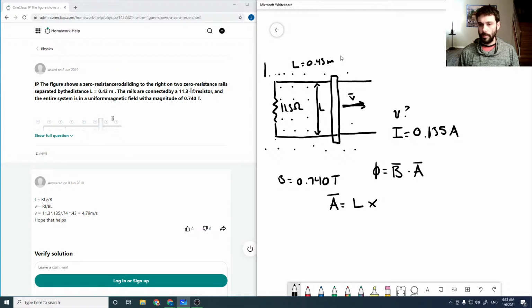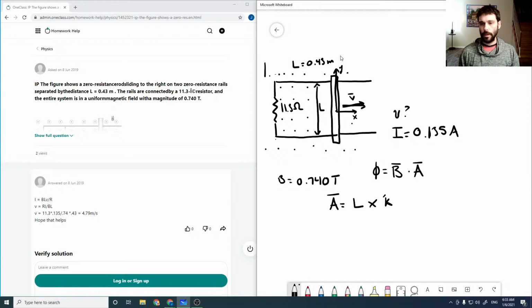Because it's a vector, I'll define some axes: x, y would be up, and z would be out of the page.